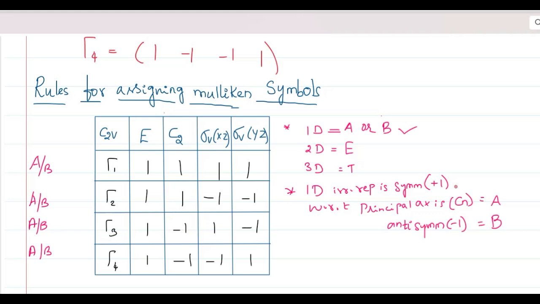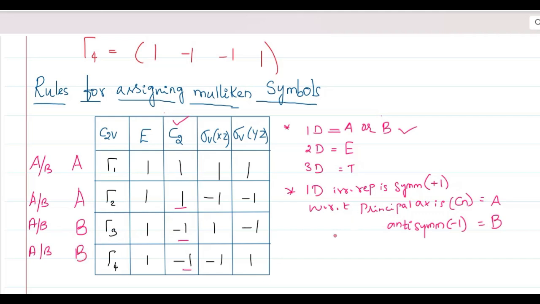It is symmetric, that is plus 1, with respect to the principal axis, that is Cn. With respect to that, if it is 1, then the symbol has to be A. If it is again plus 1 here, then here we are getting A. If it is antisymmetric, minus 1, it will be B. Minus 1, it will be B.